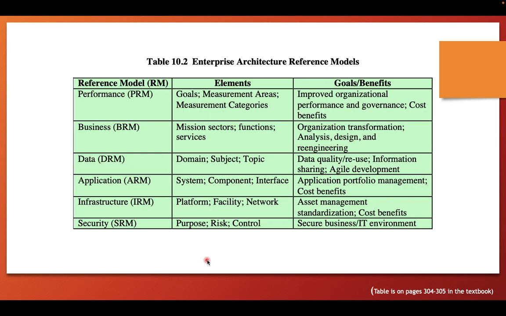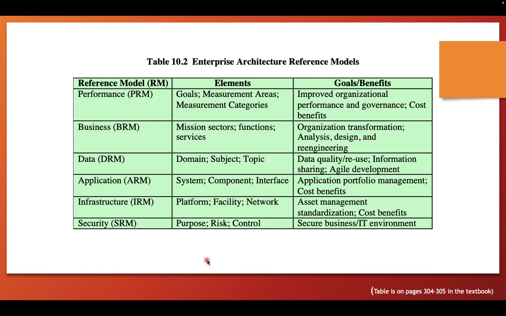In the measurement categories, what are you looking at? Then what's the benefit, the goals or the benefit? The benefit is, does it improve the organization's performance and governance? Is there cost benefit? So if it doesn't improve the organization's performance and there's no cost benefit, then the performance reference model has not been achieved.